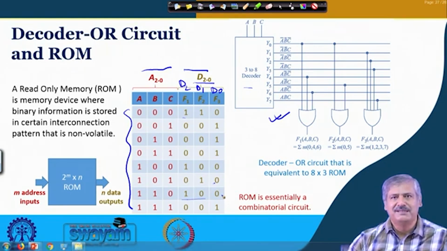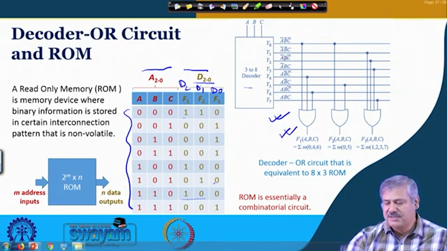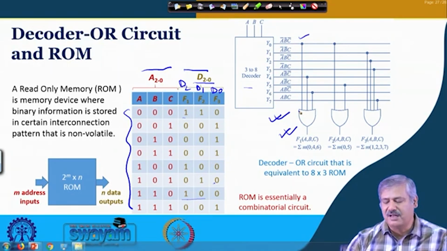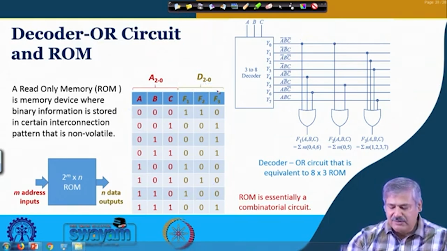Is it fine? If you do that, then this is what you require from your memory. If you look at this particular circuit, it generates the decoder outputs A prime B prime C prime to ABC, all 8 lines, and the OR outputs take specific values, which are in this particular truth table.